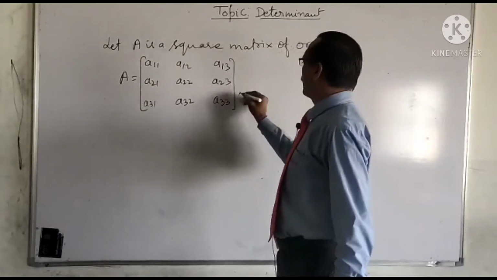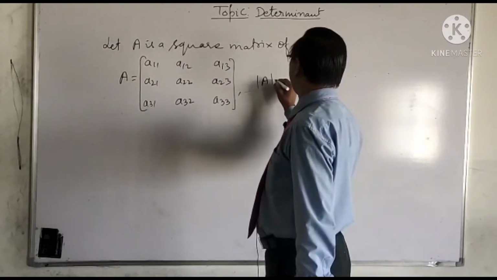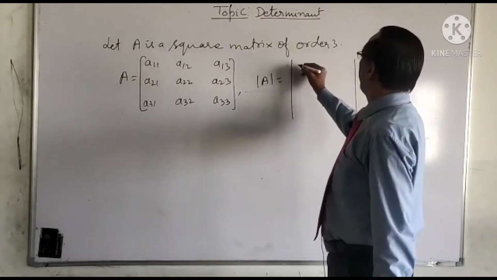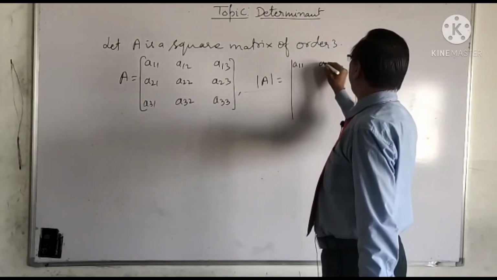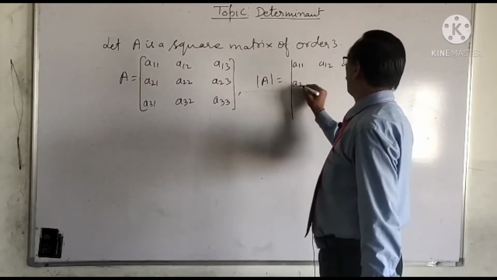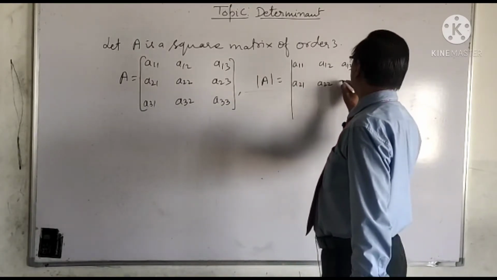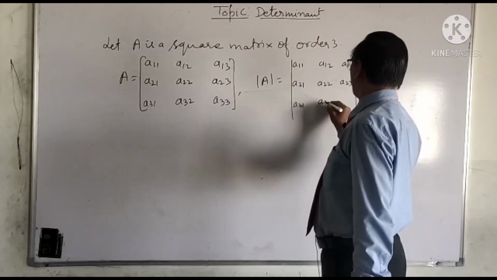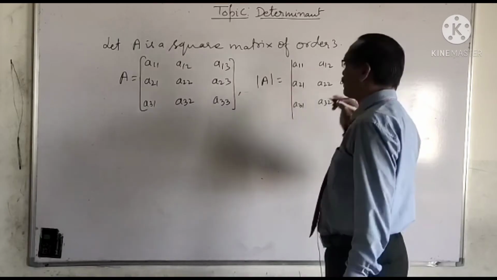Now its determinant is A11, A12, A13, A21, A22, A23, A31, A32 and A33.